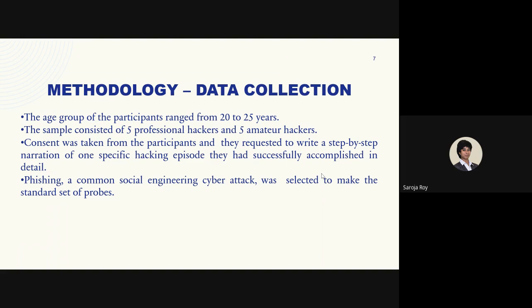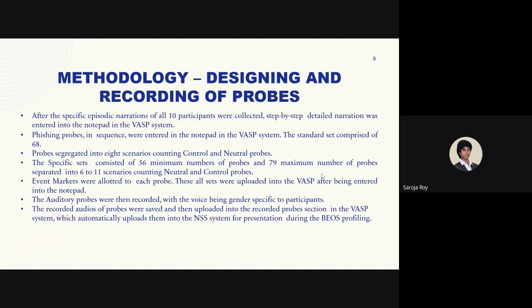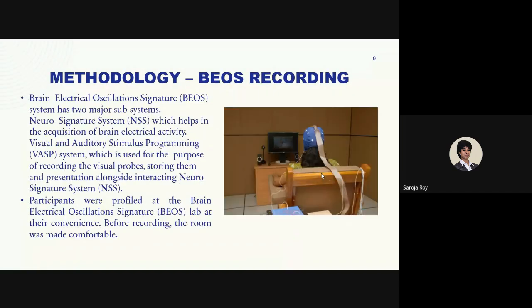Phishing, which is a common social engineering attack, was selected to make the standard set of probes. So 2 sets of probes were made to compare. After the specific episode narrations, all 10 participants' step-by-step narrations were collected and entered into the WASP system. So this is BEOS.